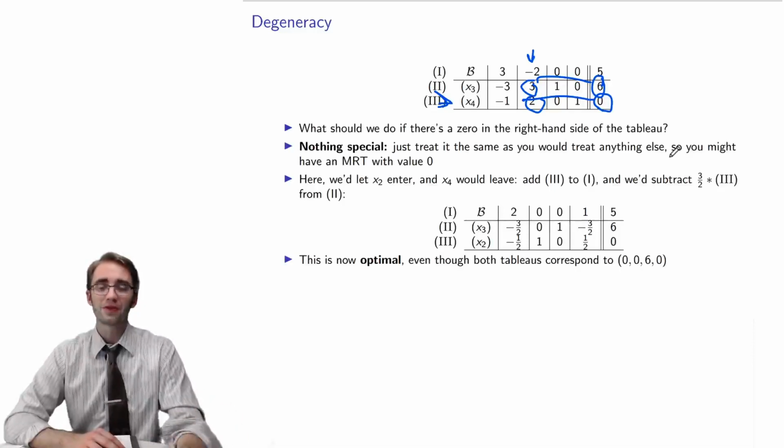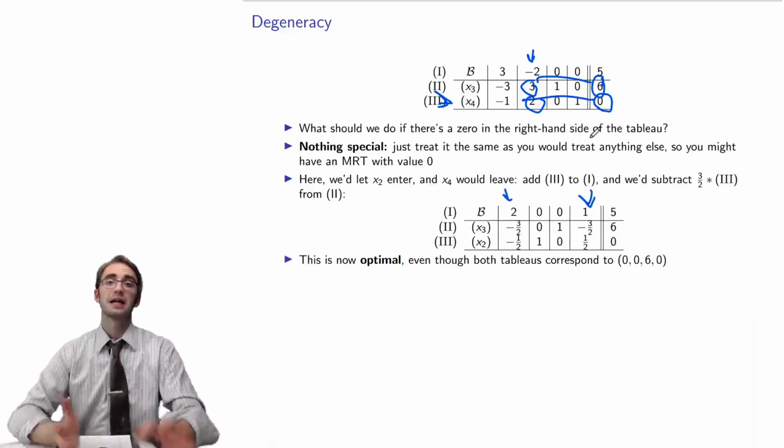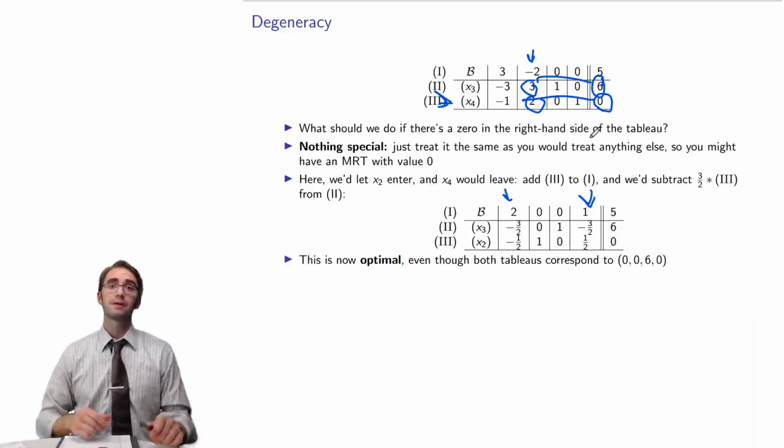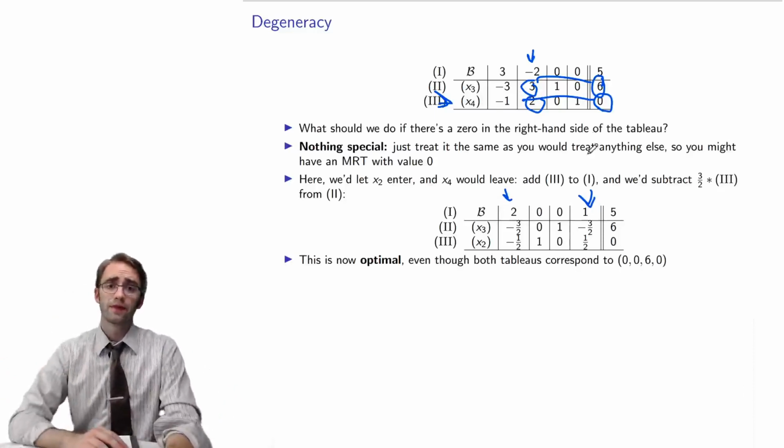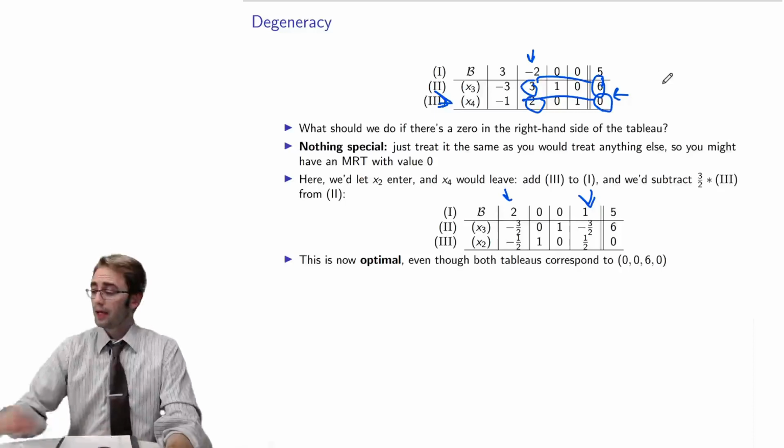We just work through the steps as we would otherwise. Do your Gaussian row elimination as you always would, and lo and behold, in fact, you happen to have an optimal solution here because there are no negative objective coefficients. There's no reason for that ordinarily to be the case. That's a degeneracy of the first type. Okay, so 0 values here in the right-hand side are never a problem.